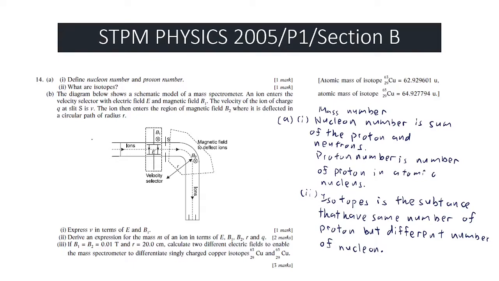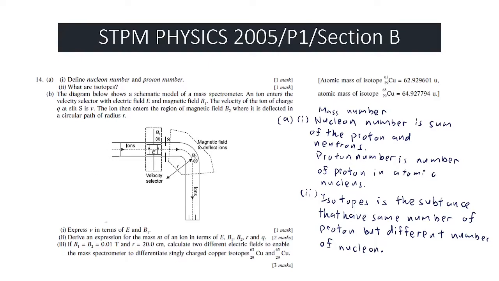So here B, the diagram below shows a schematic model of a mass spectrometer. An ion enters the velocity selector with the electric field E and magnetic field B1. The velocity of the ion of charge Q at the slit S is v. The ion then enters the region of a magnetic field B where it is deflected in a circular path of radius r.